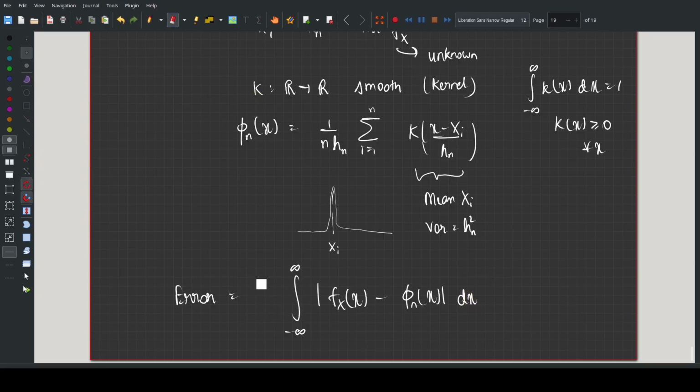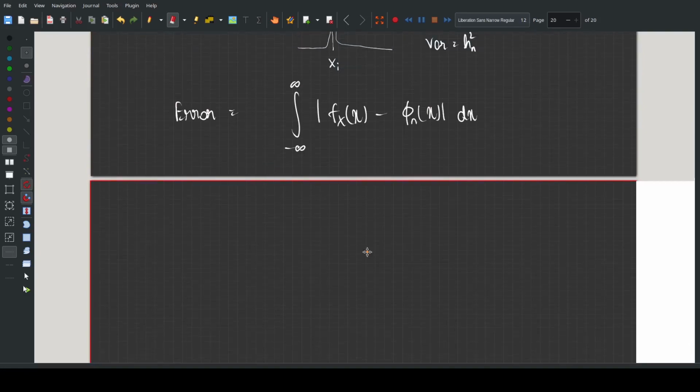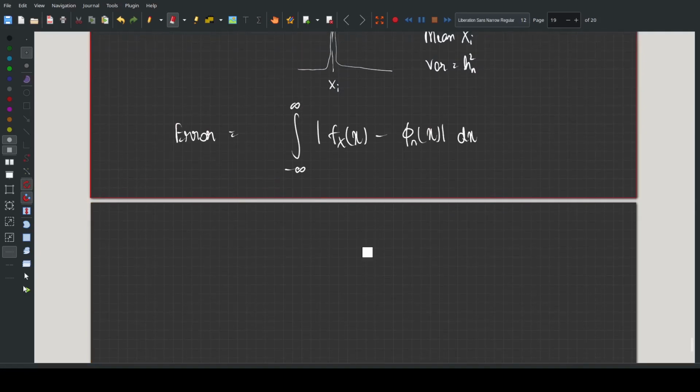For a given set of samples, the error is measured through the L1 distance. Of course, there is a corresponding average error. This is a function of n. So this phi n is in fact a function of n IID random variables, each random variable drawn according to fx.